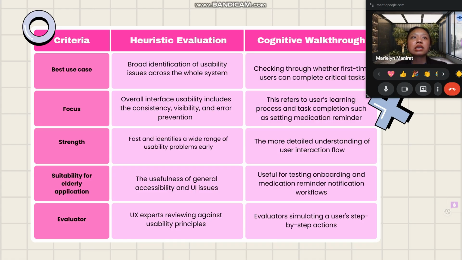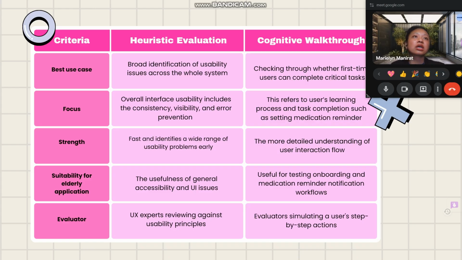The next criteria is the suitability for elderly applications. For heuristic evaluation, the general accessibility and UI issues are considered. But for the cognitive walkthrough, the usefulness for testing onboarding and medication reminder notification workflows will be the suitable implementation for this application.